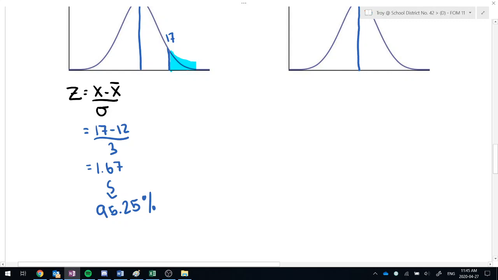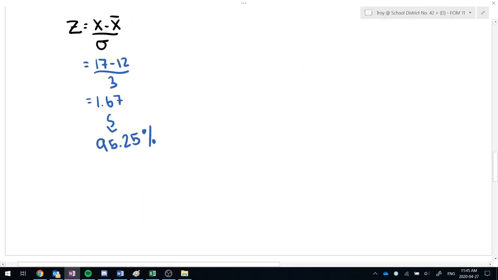But remember, that's to the left. The z-score table always gives us the area to the left, but we're interested in the area to the right. Because 100% of the data has to be underneath the curve, if we want to find the other side, all we have to do is subtract 95.25 from 100.